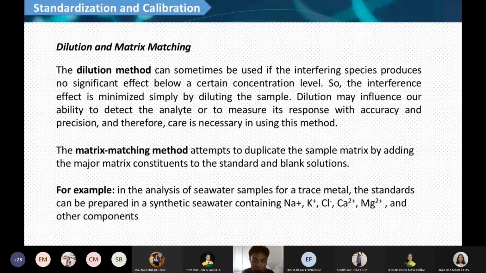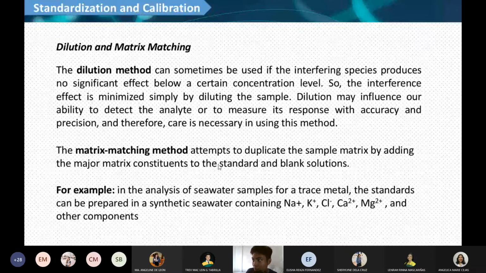If detectable pa rin naman, edi you can use C1V1 equals C2V2 to get the original concentration of your analyte. Okay? So, ganun lang. Para magre-reverse process ka lang. So, if this is the final concentration, according to my instrument, after dilution, then I have to use M1V1 equals M2V2 to get the original concentration.